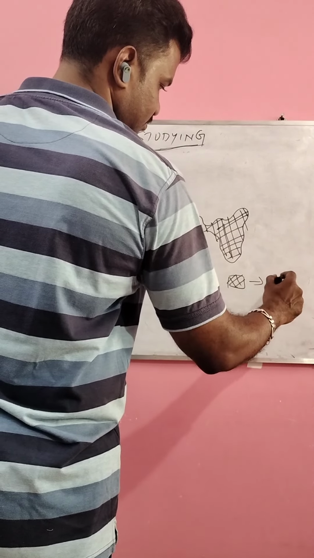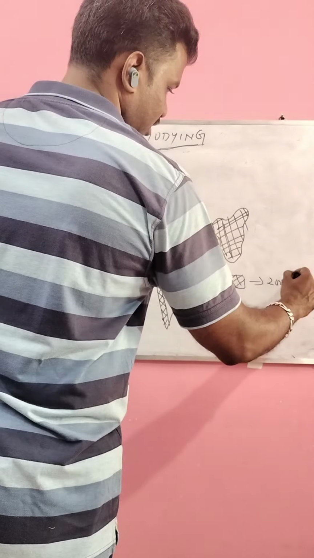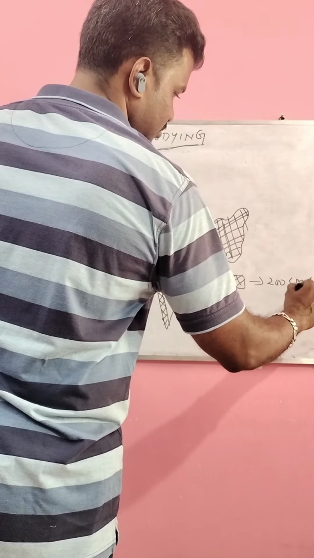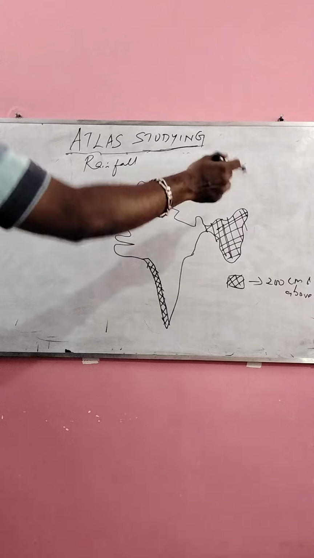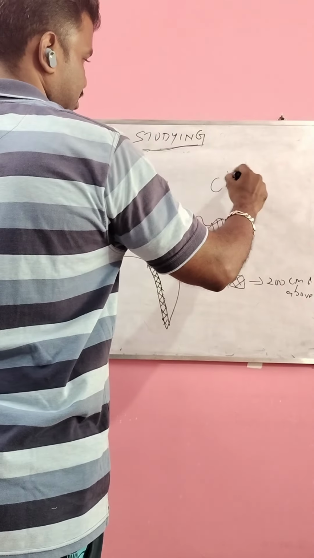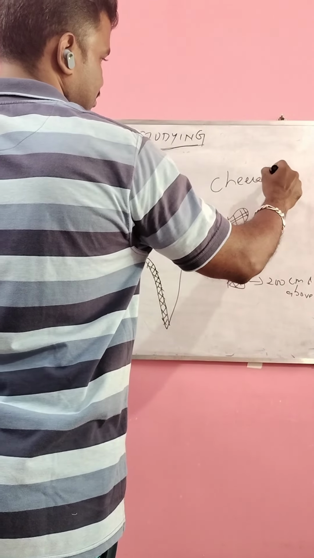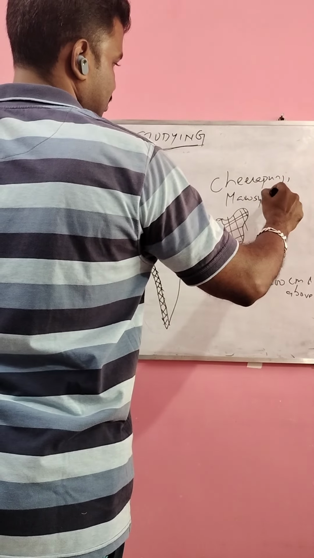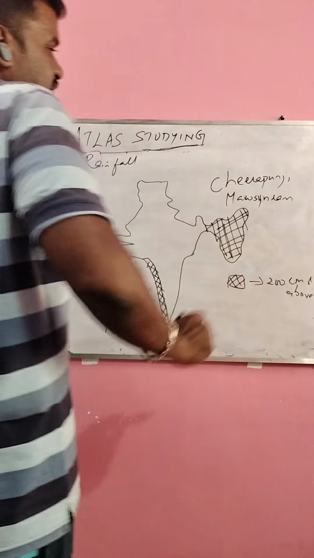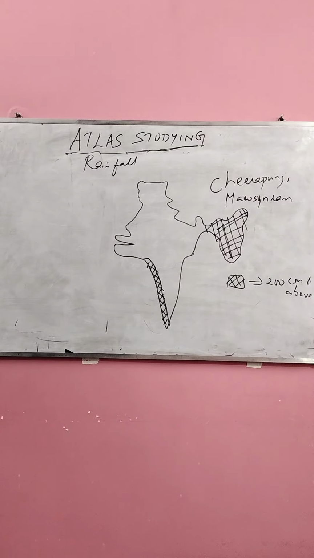Highest rainfall, 200 centimeter and above, Western Ghats region and Northeast. Important places are Cherrapunji and Mawsynram. Mawsynram in Meghalaya receives the highest rainfall in India.